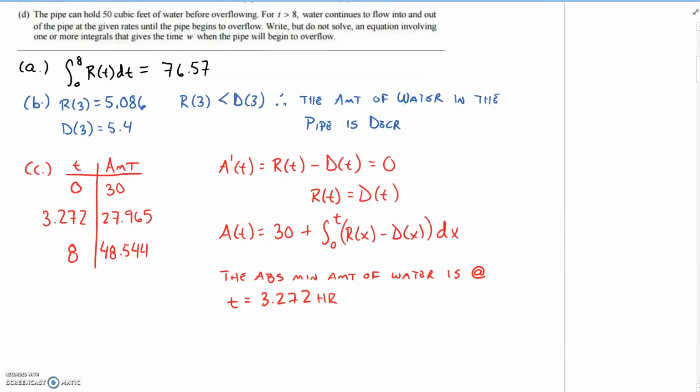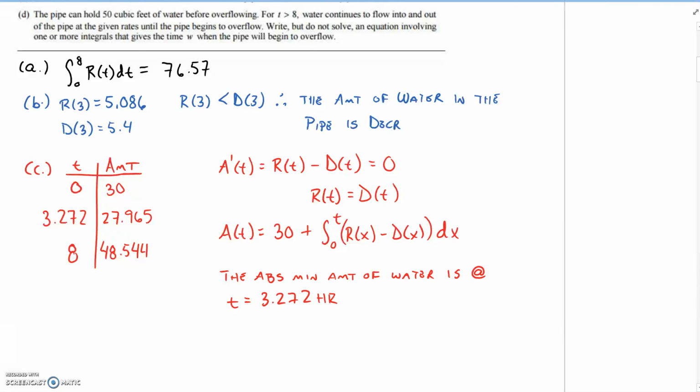And then part D says that the pipe can hold 50 cubic feet of water before overflowing. For t greater than 8, water continues to flow into and out of the pipe at the given rates. We do not solve an equation involving one or more integrals that gives the time w when the pipe will begin to overflow.